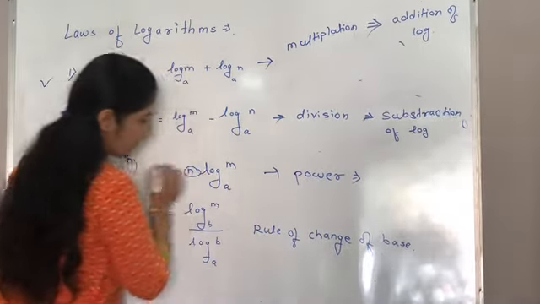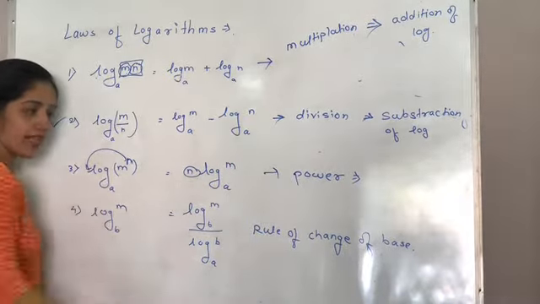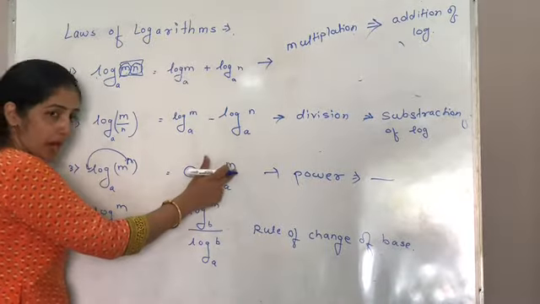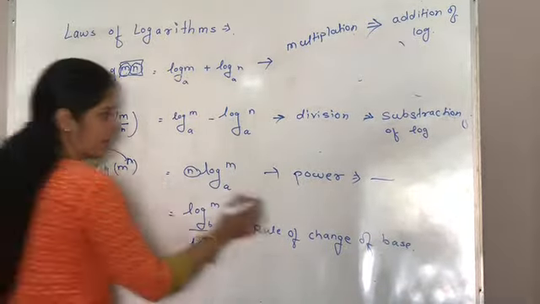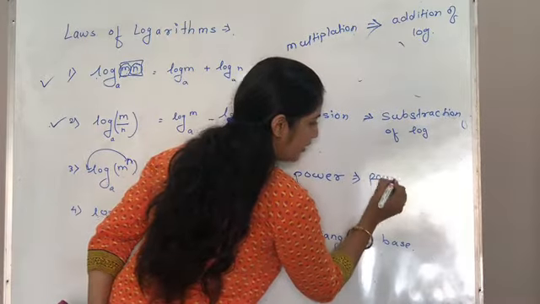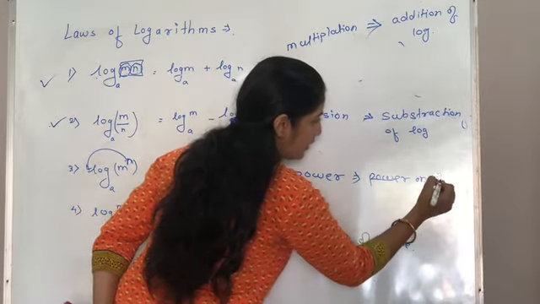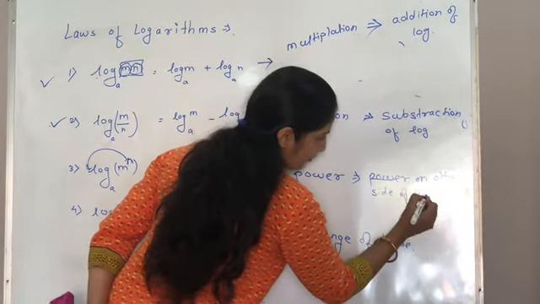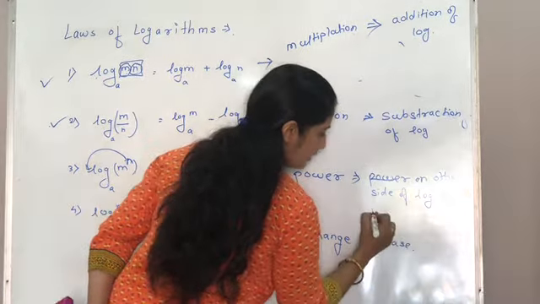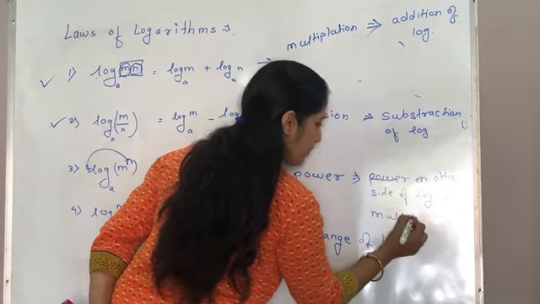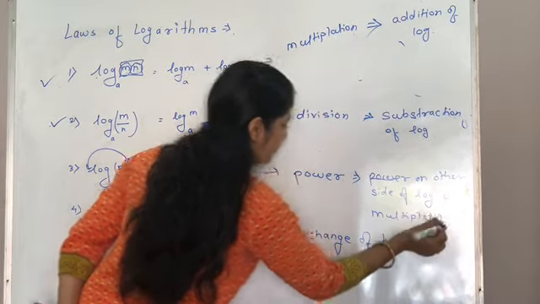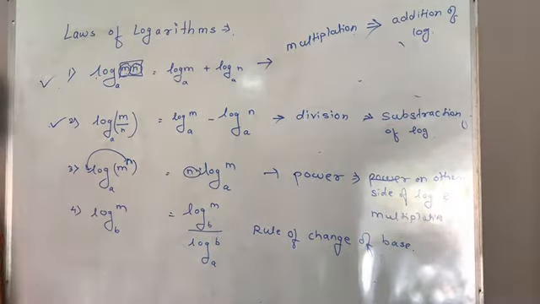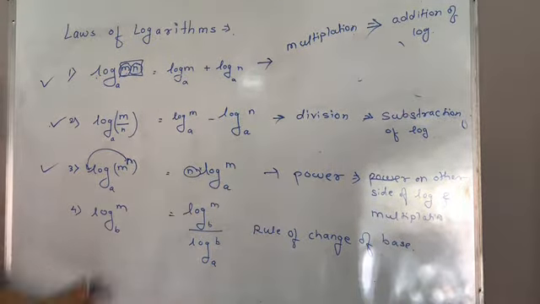So that is n here, and the log of m to the base a remains. So we write the power on the other side of the log and multiply. Simple multiplication of this number by this. Okay, so this is the third rule, and next is the fourth.